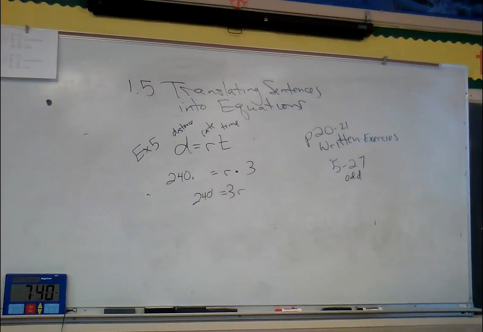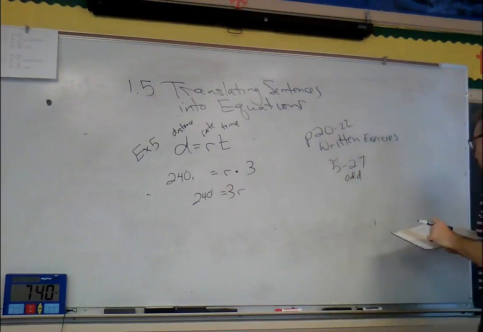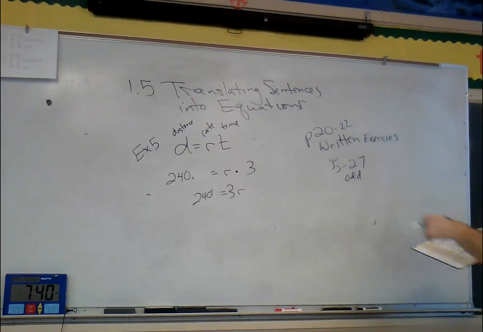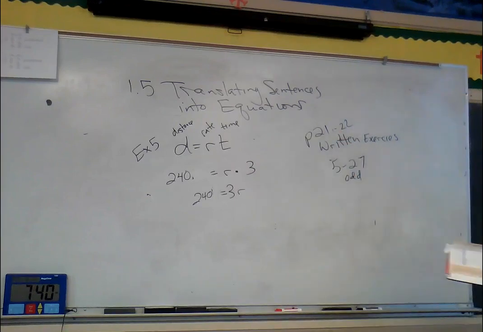That goes to page 22. Page 22. 21, 22. So page 20 starts on there. Are you right? Number 5 starts on page 21. You're correct. Okay. Over to 25 on page 22. Do the odds 5 through 27.